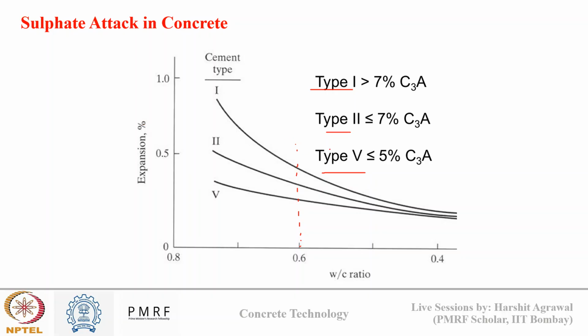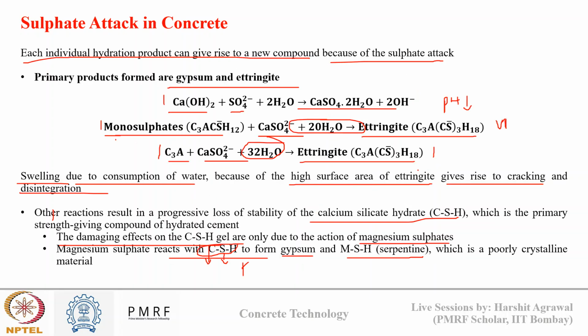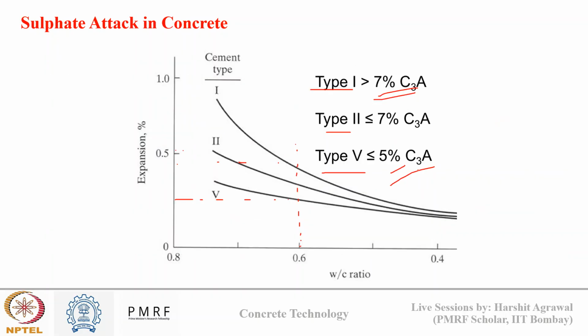That's why type 5 cement has the minimum expansion due to sulfate attack, while type 1 cement has the maximum expansion because it has more C3A content, while type 5 cement has the least C3A content. So if C3A content is low, we know that monosulfate formation will also be low, so the risk of ettringite formation due to sulfate attack will be reduced. Okay.